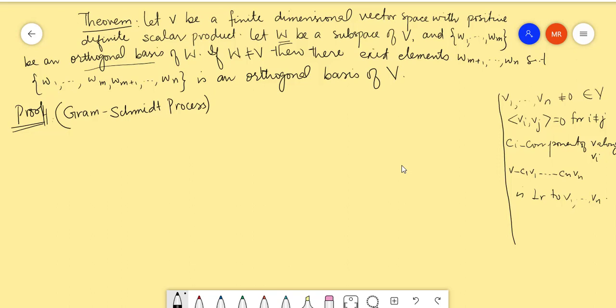The method of the proof is very important. This is known as the Gram-Schmidt process. And how do we prove the result? Let us see.